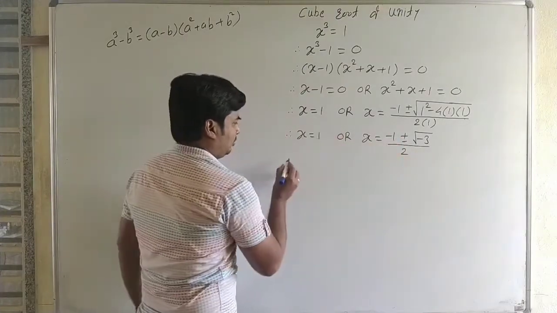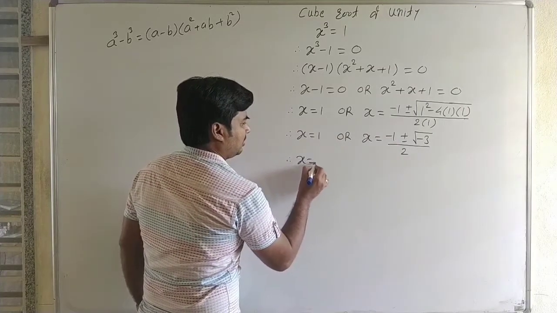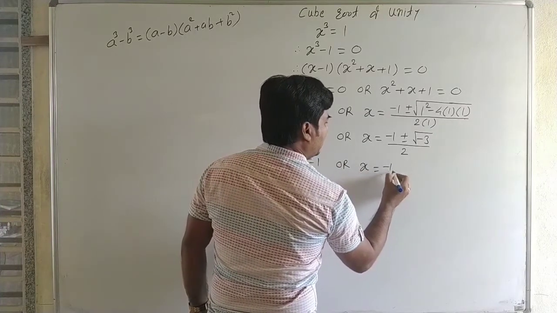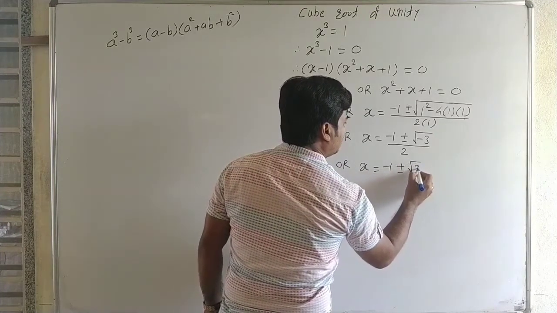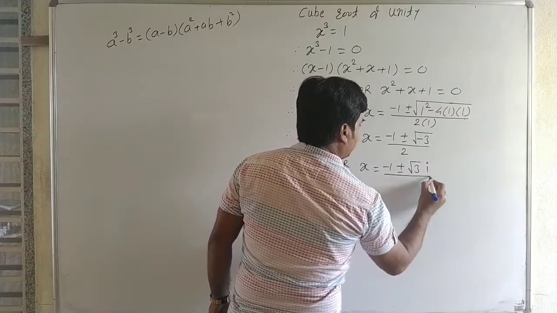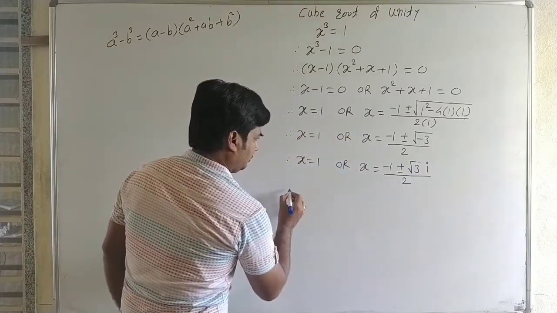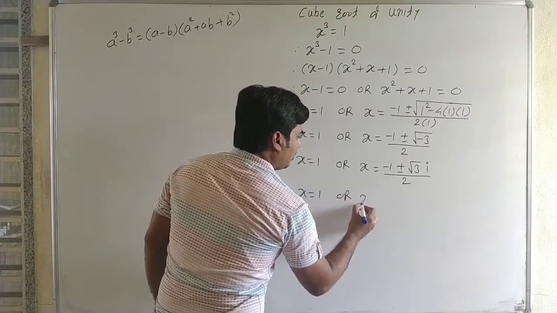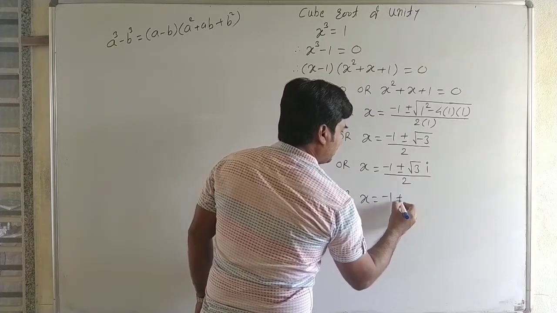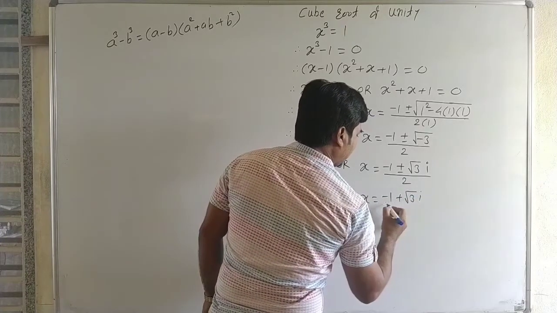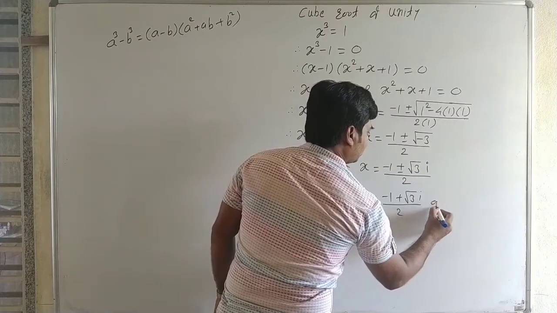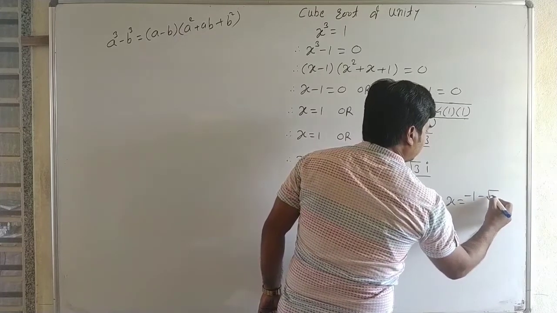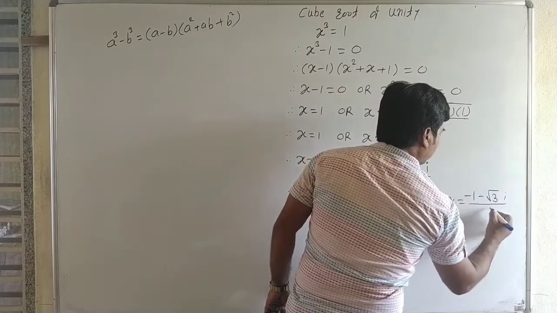Now the roots are x is equal to 1, or x is equal to minus 1 plus under root 3i upon 2, or x is equal to minus 1 minus under root 3i upon 2.